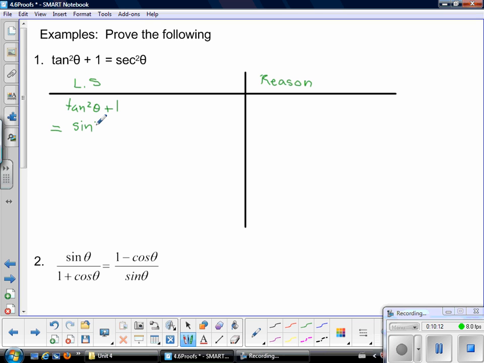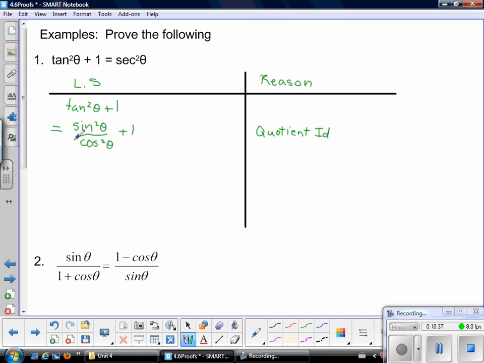So tan squared theta is the same as sine squared theta over cos squared theta. The reason I can do that is that's the quotient, and I usually just put ID to stand for identity.